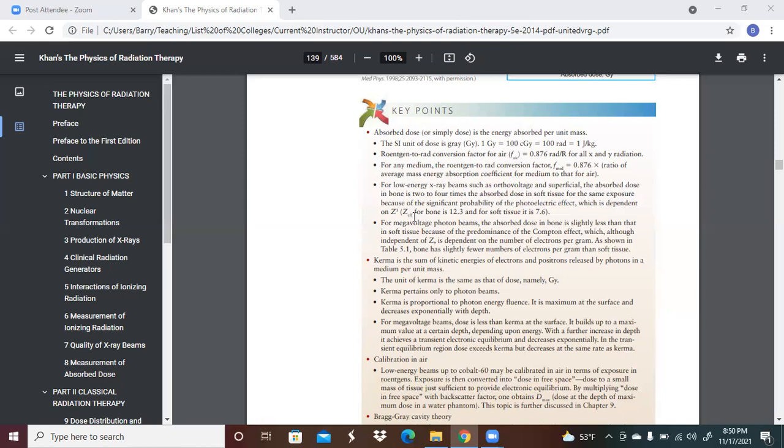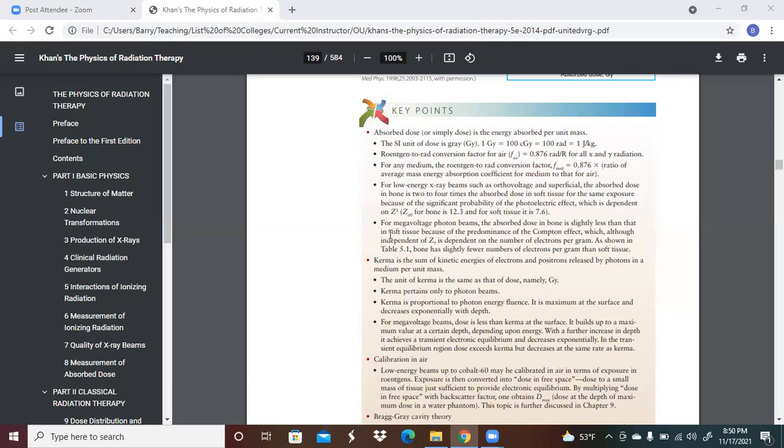The effective atomic number for bone is 12.3, and for soft tissue it is 7.6. That may not look like much of a difference, but when you cube it, you get a significantly deeper impact. Now that's for the low energy X-ray beams.